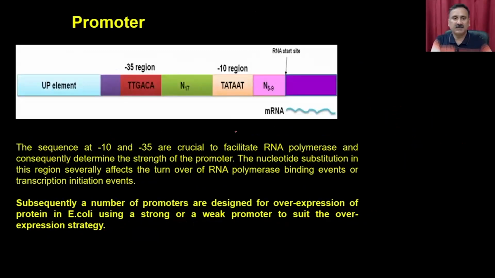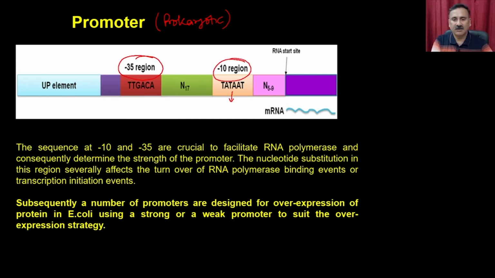bulk quantities. Now, as far as the promoter is concerned, in a prokaryotic system the promoter contains some of the classical features such as the -35 region and the -10 region.